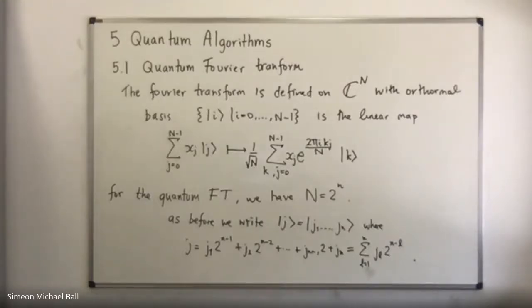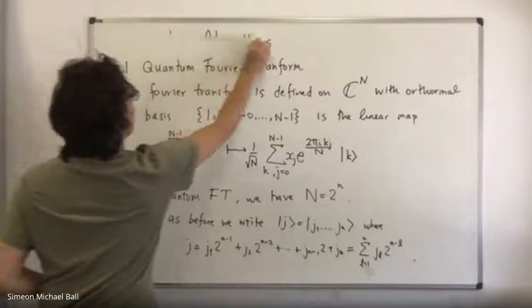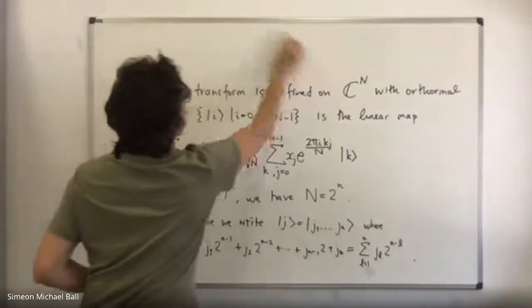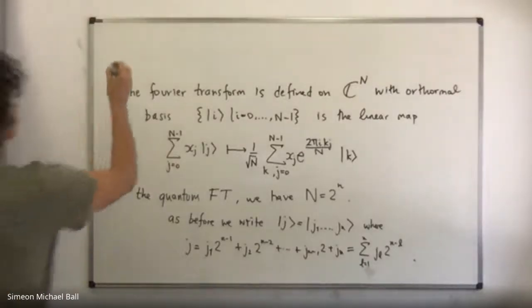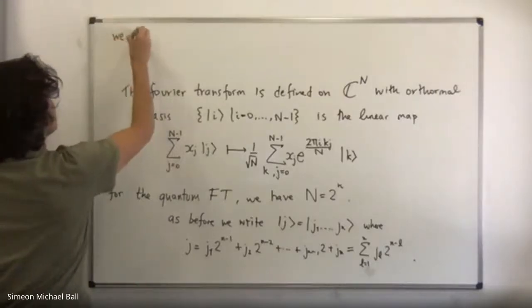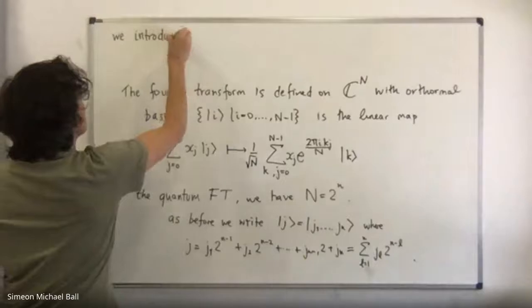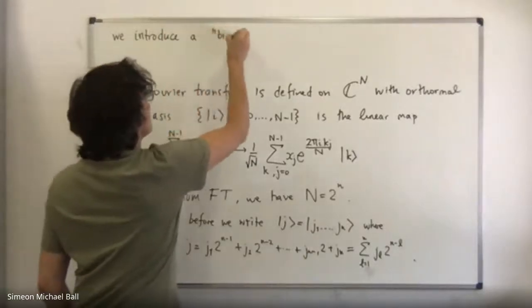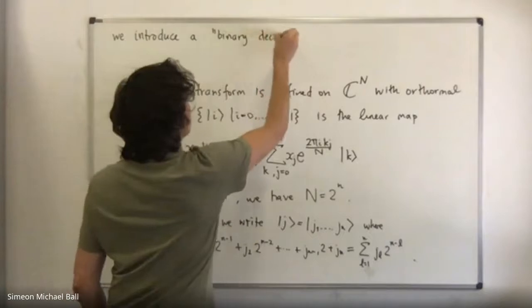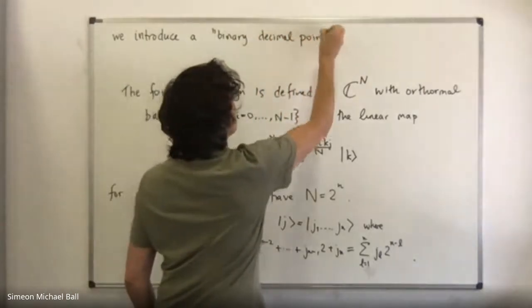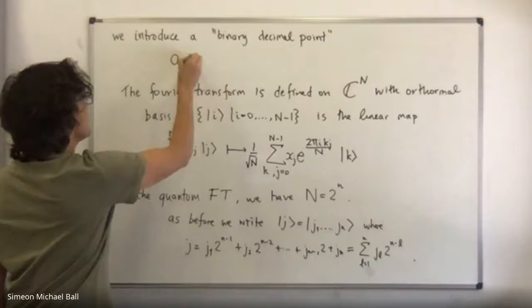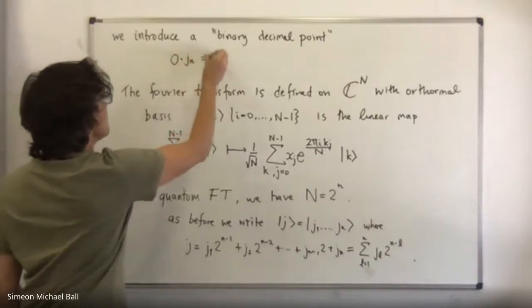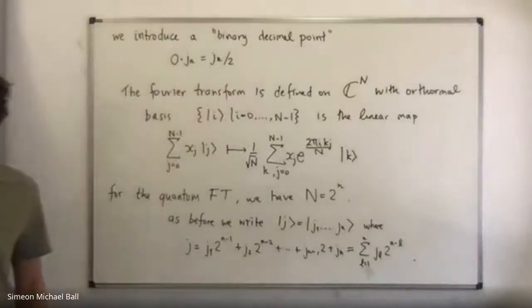Now, what's useful here is we're going to introduce a binary decimal point, as opposed to a decimal point over base 10. So maybe it should just be a binary point. So 0.j_n is j_n divided by 2.